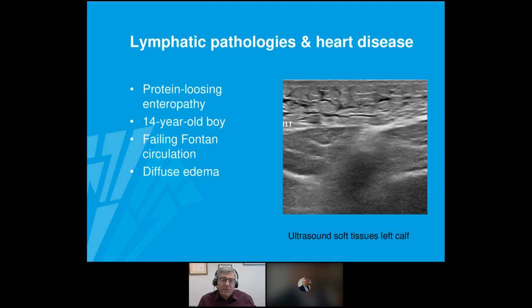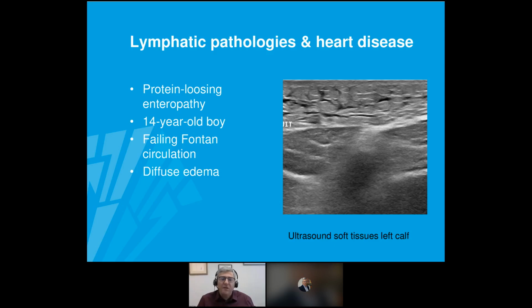And then another pathology, what we treat now also more and more, is patients with protein-losing enteropathy. What does it mean? Again, typically in children and adolescents with failing Fontan circulation, these patients have a lot of edema.